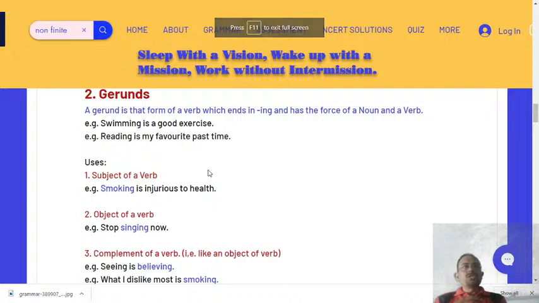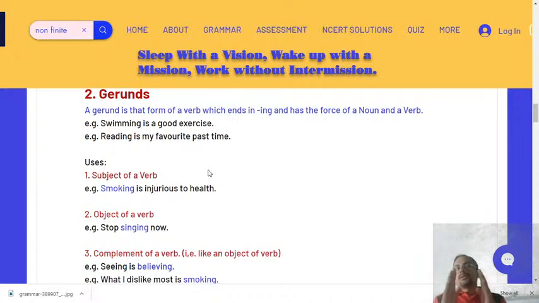Dear students, gerund and participles look alike. Why? Because both gerunds as well as present participle take the ing form of the verb. Therefore, it is difficult at times to identify which ing form of the verb is gerund and which is present participle. For that, you have to watch out for the usage of each of the topics.